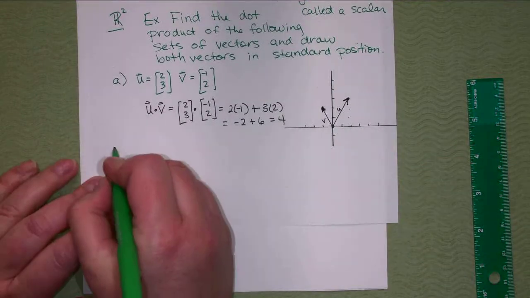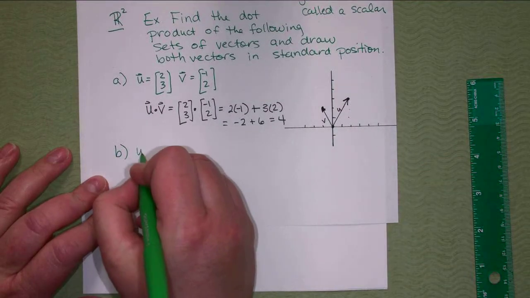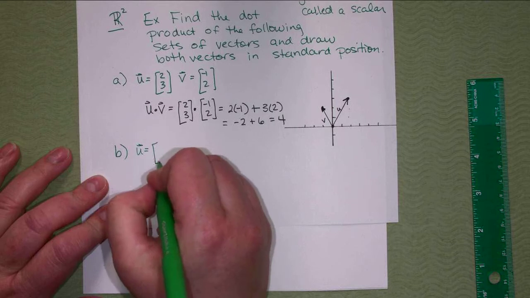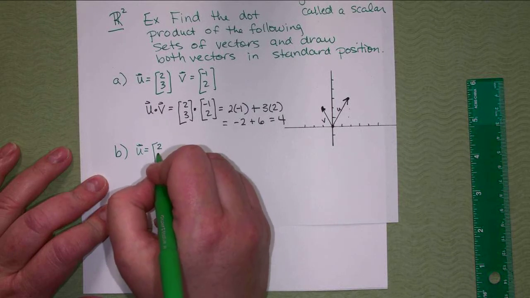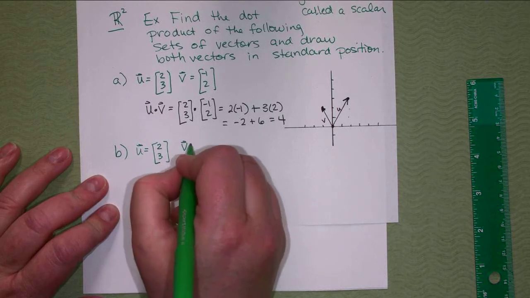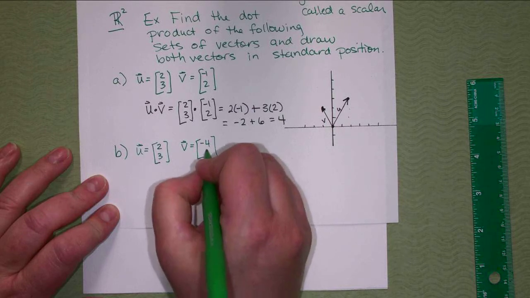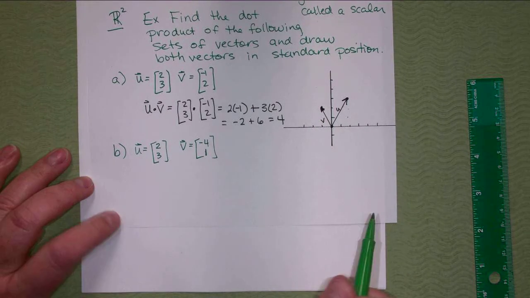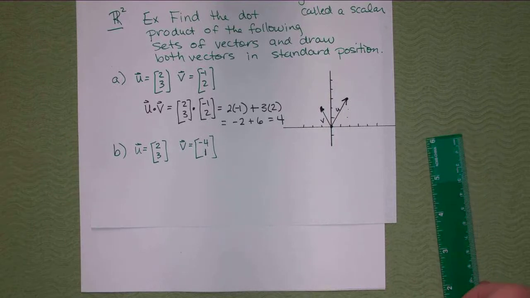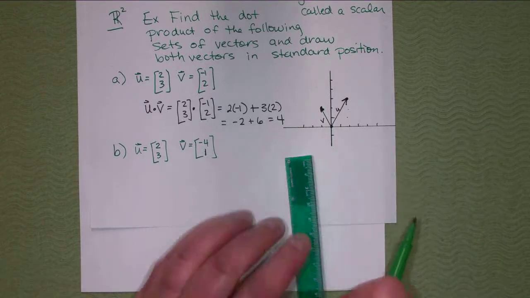B. So we're going to do the same thing 4 times. I'll write all 4 down and you can actually try. So u is (2, 3), v is (-4, 1). So you can find the dot product and then we'll draw that.